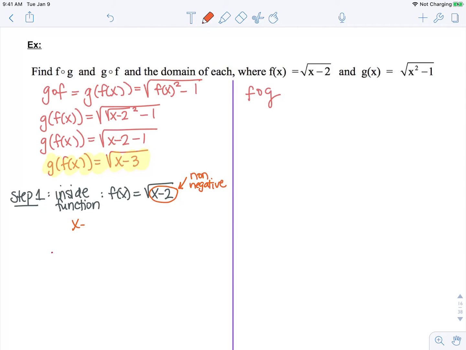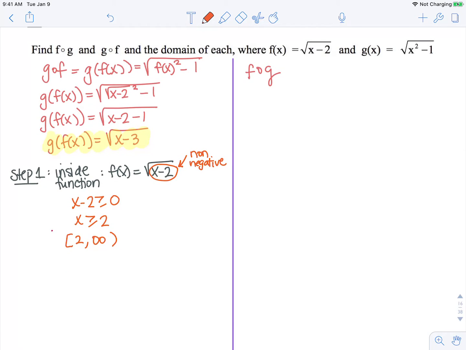So that means x minus 2 must be greater than or equal to 0. X is greater than or equal to 2. So that's the same as 2 to infinity. Okay, so that is the domain of f of x.